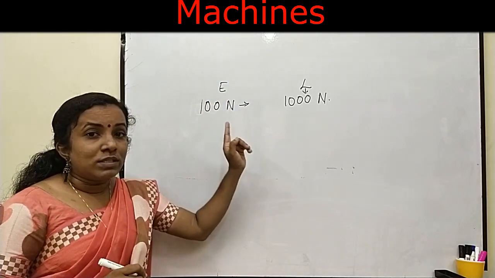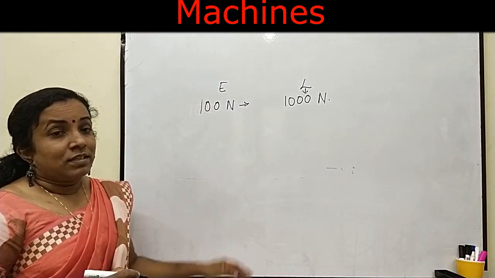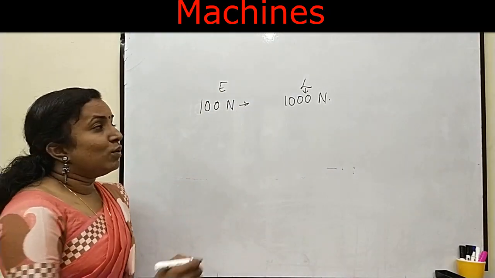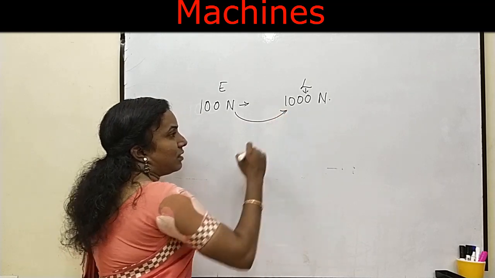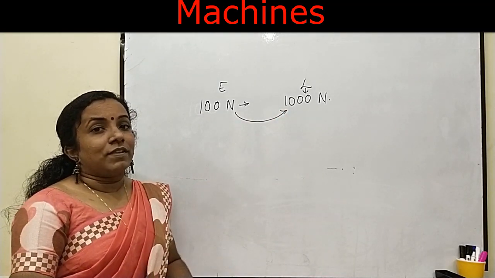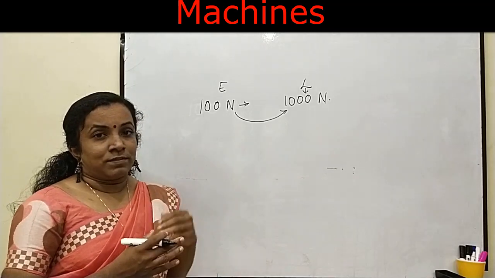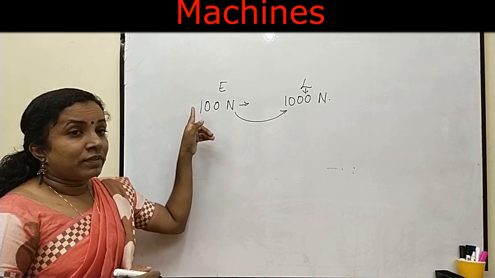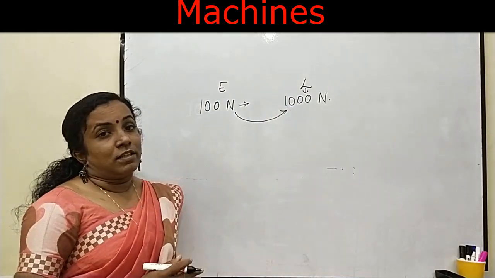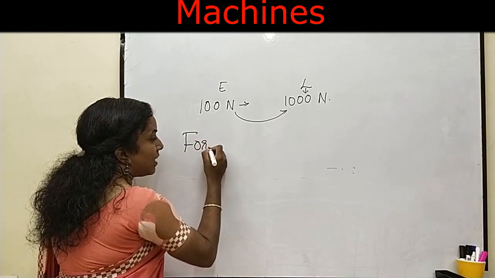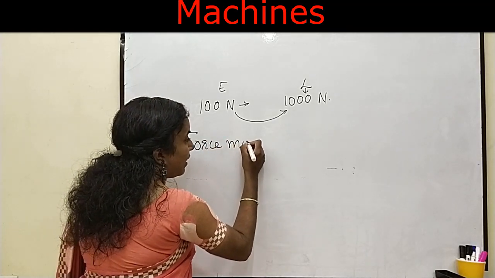So, when I use a screw jack, the screw jack multiplies this force to 1000 Newton, so that I can lift the car with my force. Here, the screw jack multiplies the force. So, the screw jack serves as a force multiplier.